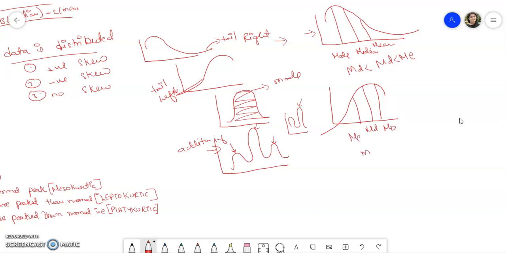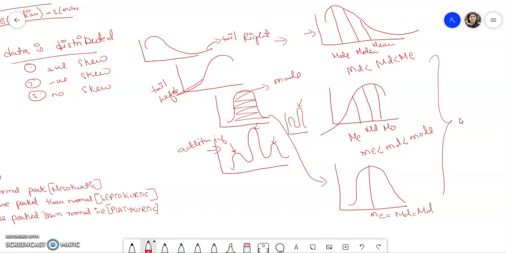So here mean is less than median is less than mode. And in case where my data is normally distributed, the mean, median, and mode will all lie here. Mean is equal to median is equal to mode. So you have to remember these things.